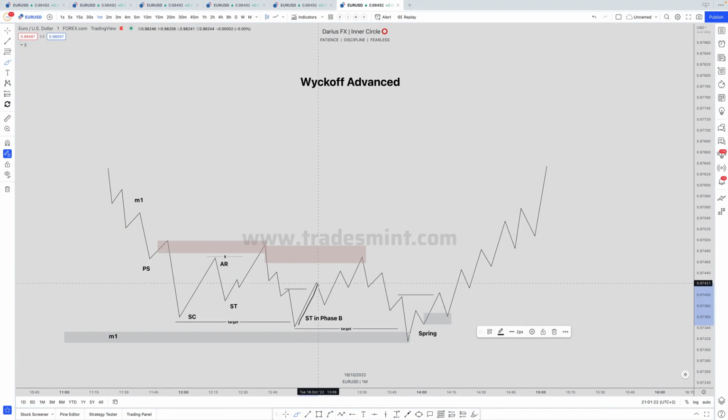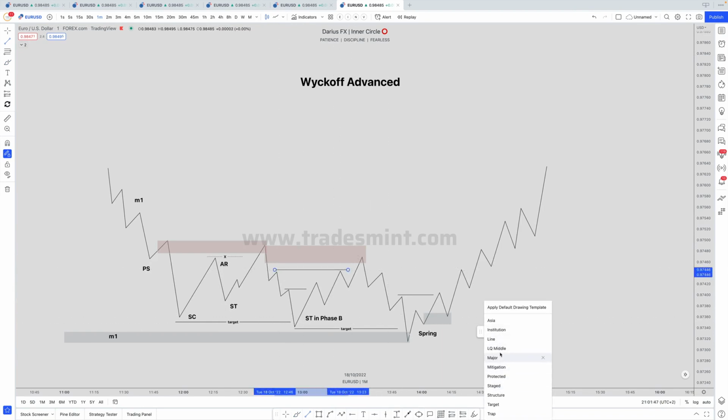So they're just looking, while price is making this pullback, to enter in a form of demand area or on the next demand area, and price is really moving up higher to make people excited. Yeah, we're making crazy profits right now and so on. But then what price is doing is just using this form of liquidity here, and it will just drop price one more time to the downside for one specific reason: this ST, the secondary test in phase B, did not really mitigate something relevant, okay?